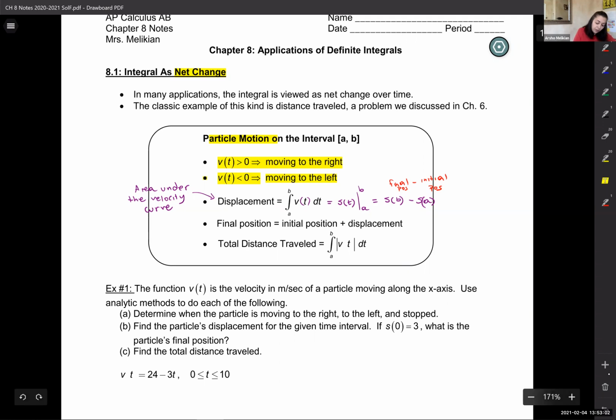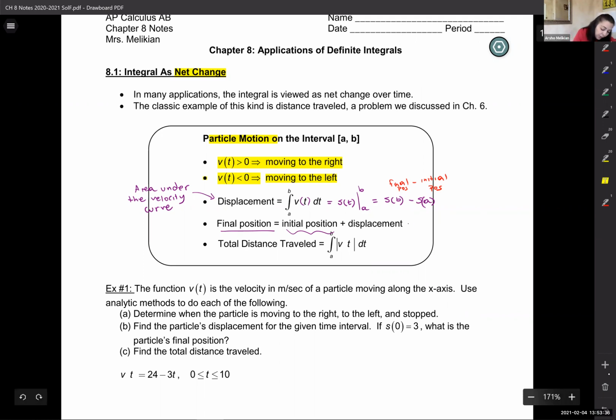Okay, so that's displacement. Well, what's final position? How do you find final position? The final position is the initial position, so where you started, plus the displacement. So if your displacement is -5, it means you're 5 units to the left of where you started. So where you started, plus the displacement, gives you where you are at the very end.